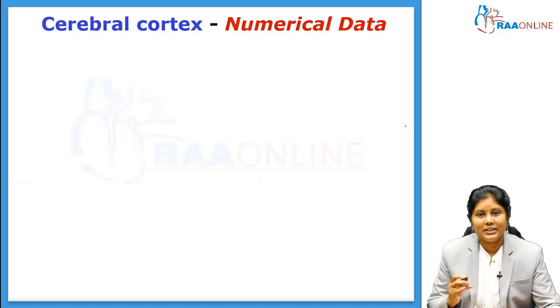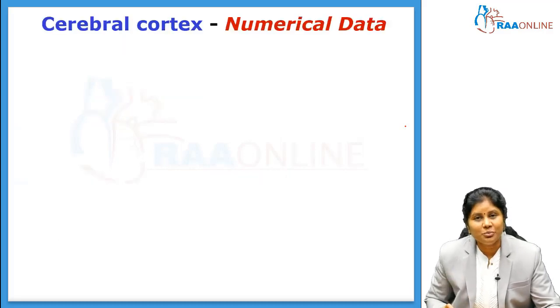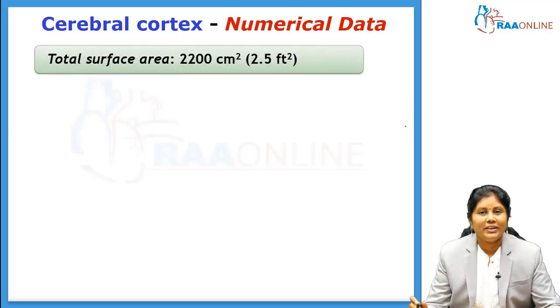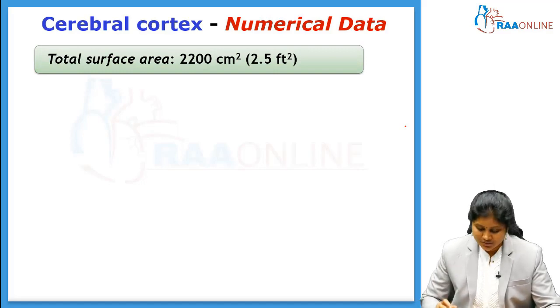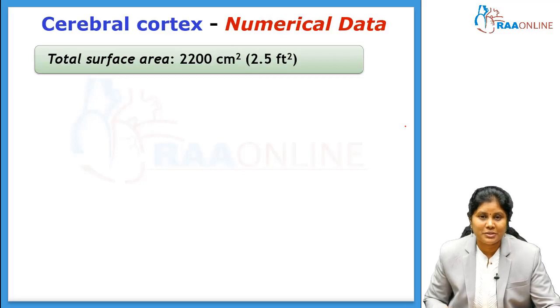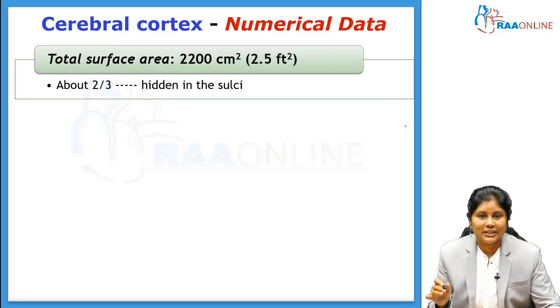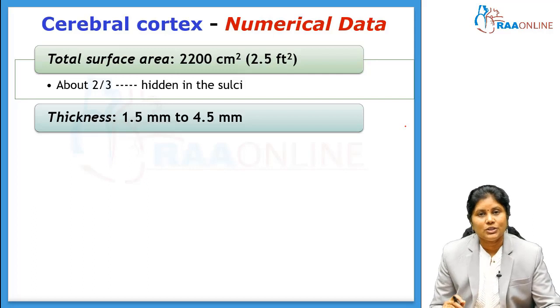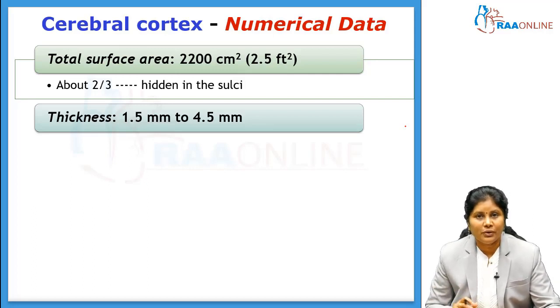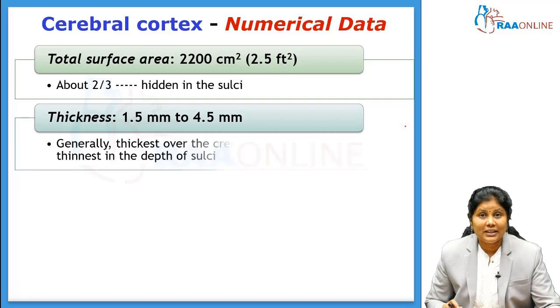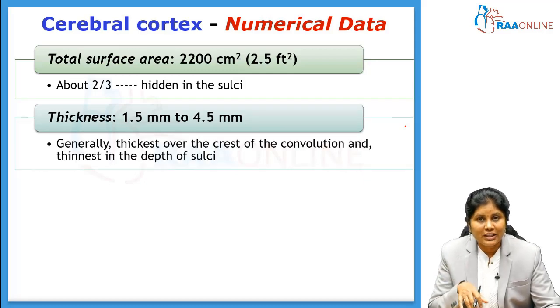Let us walk through some of the numerical data, the numbers we need to remember sometimes. The total surface area is around 2200 square centimeters, covering both cerebral hemispheres. About 2/3 of the surface area is hidden in the sulci, and only 1/3 is what we see from the surface. The thickness of the cerebral cortex ranges from 1.5 to 4.5 millimeters. It is thicker at the crest, whereas towards the deeper portions of the sulci it is very thin.